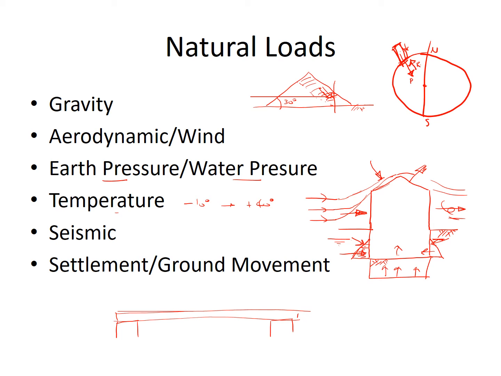And typical construction materials that we would use in a bridge, so steel and concrete, would typically have a coefficient of expansion under temperature load that might be typically 12 microstrain per degree.